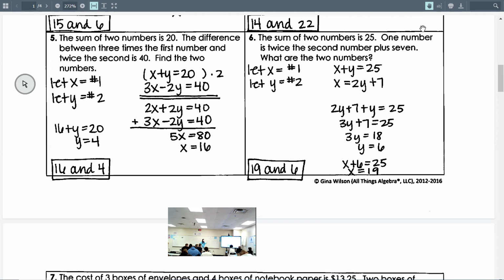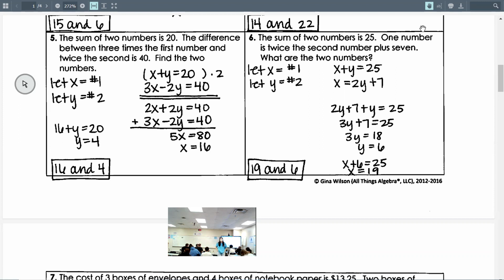But she chose to cancel out the y's. So here's her new system after multiplying the top one by 2. In this way you have to add to cancel out the y's, solve for x, plug it back in and solve for y. So any questions about that?